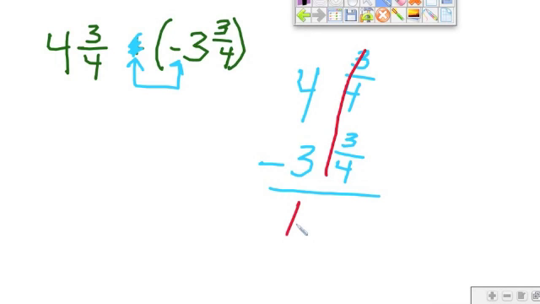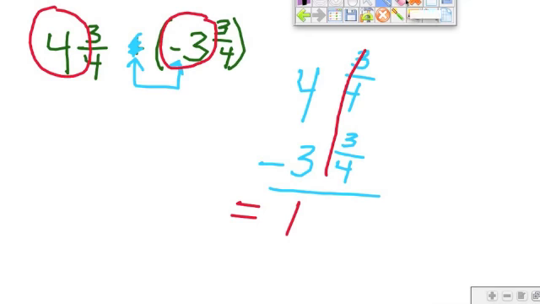Now, how do we know if it's positive or negative? Well, we look back at the original problem. 3 versus 4. Which number is bigger, 4 or 3? Well, 4 is bigger. And what kind of sign came with the 4? A positive came with the 4. So I know my answer is going to be positive. Okay? Let's try another one.